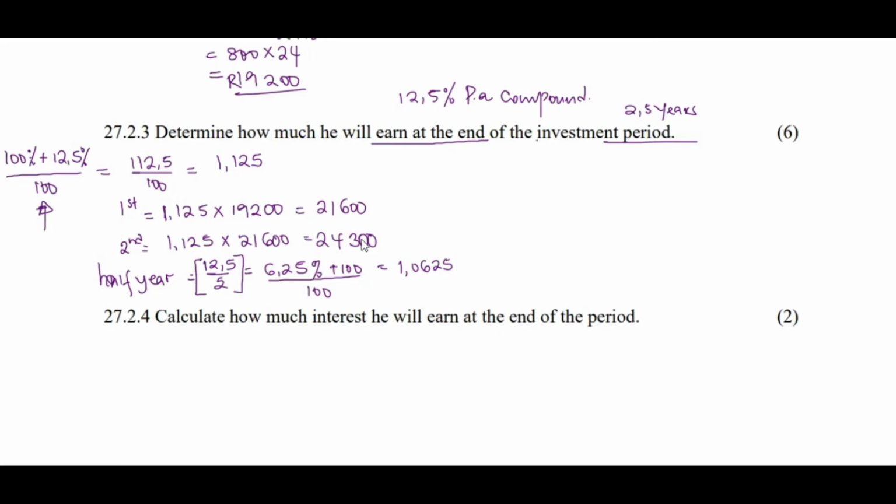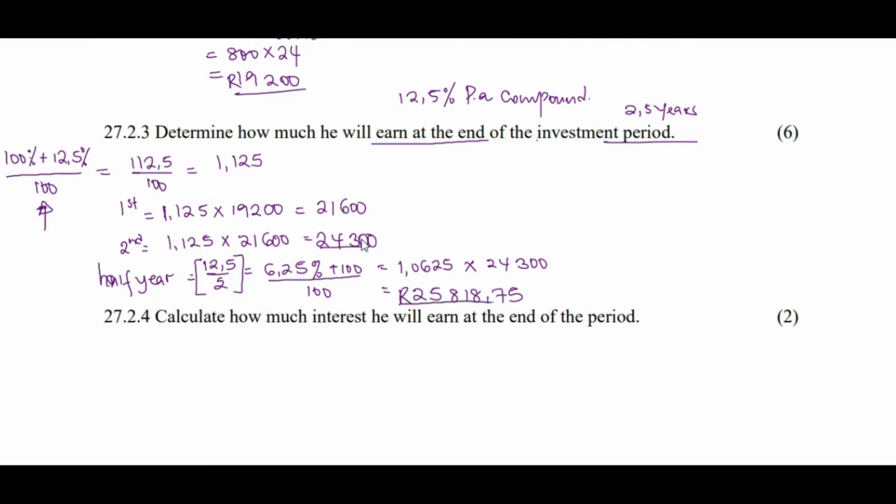So this one now multiplies the money which is there in the second year, which is 24,300. So at the end of the 2 and a half years, you would have 25,818 rands 75 cents.